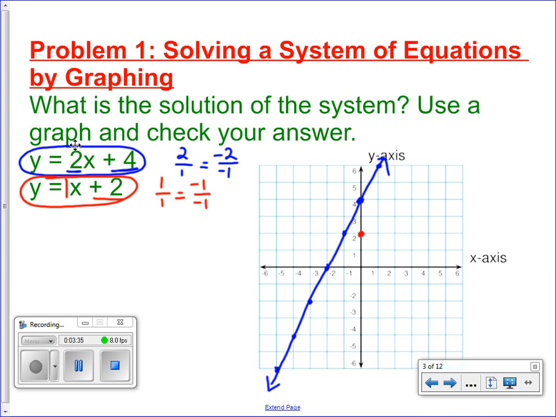Negative divided by negative is positive. So I can rise 1 and run right 1 and keep doing that. And I could also go down 1 and left 1. There's our point of intersection. And again, continue doing it so that we have a nice long line.